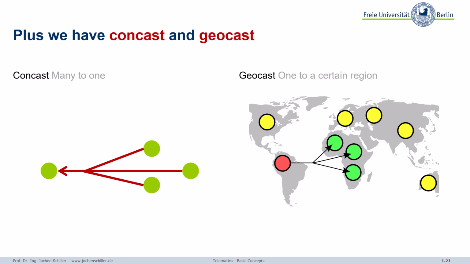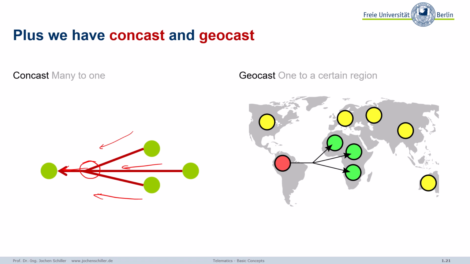The term is not used that often. It's kind of a convergence of data, concast. So data comes together and is forwarded towards a destination. Sometimes the intermediate system can even do some calculations on this.